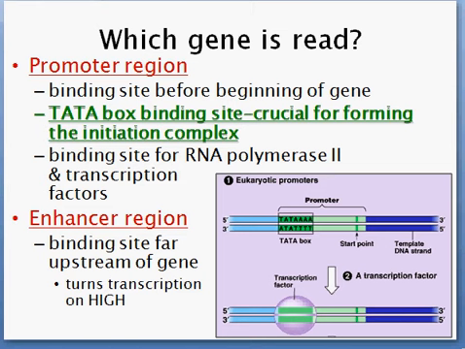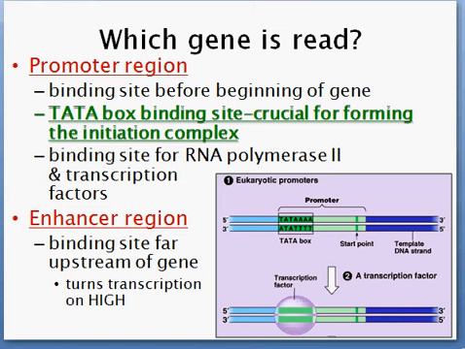So first of all, to begin that discussion, we have to look at the structure of the actual strand of DNA. And what we have on the DNA just before the actual nucleotide sequences that are the gene, before we get to that, there's a section of DNA that's called the promoter region. And it's actually a binding site that is located a little bit upstream from the gene.